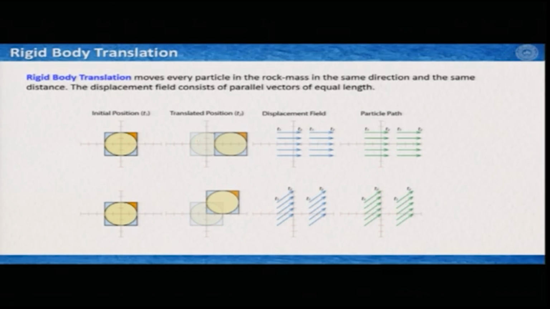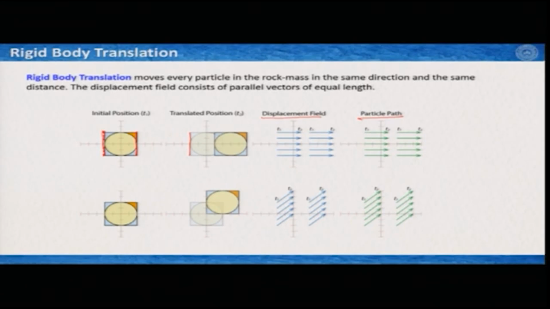Now, what I have done in the next 2 columns, the first one is displacement field and second one is particle path. I have considered these two sides of this form, and then due to translation I have taken some points here and how these points moved with respect to the reference frame.